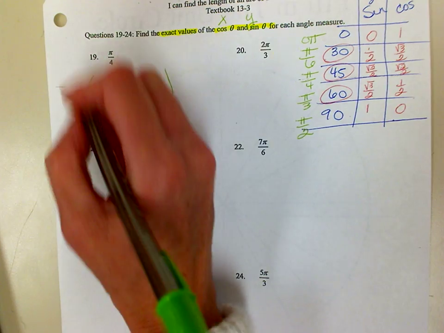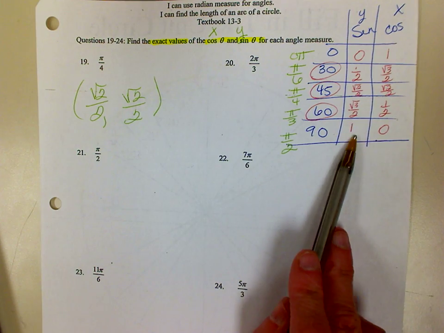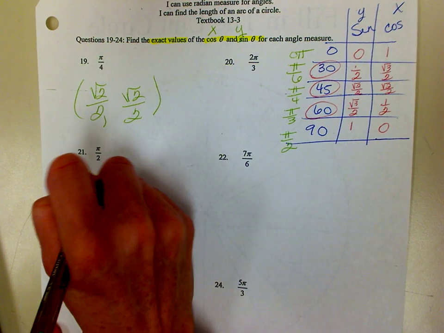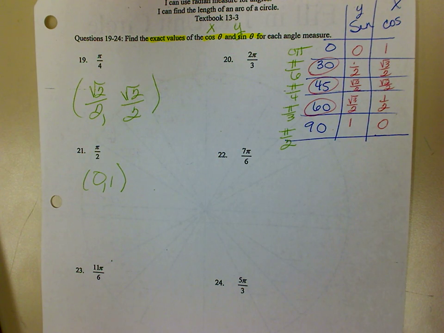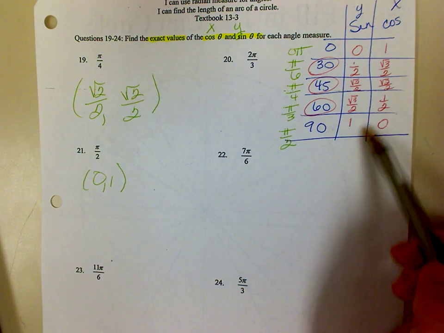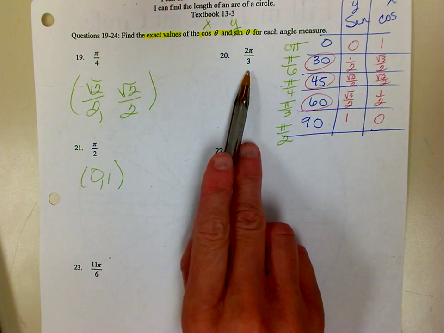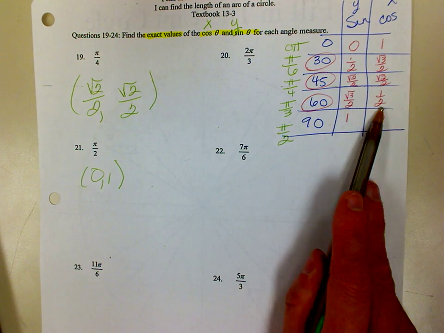Okay, let's do 21 next because it's also on my table. So my values are 1 and 0, 0 for cosine, 1 for sine. So there's my answer to that one. Now the rest aren't on this table, but it is on the unit circle. So let's look at it this way. If my denominator is 3, then it's going to be this ordered pair.